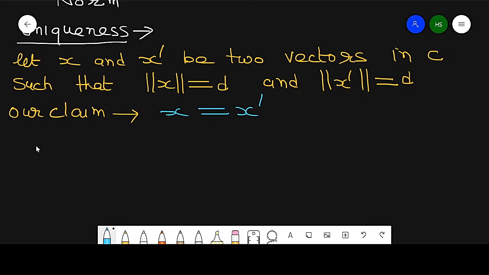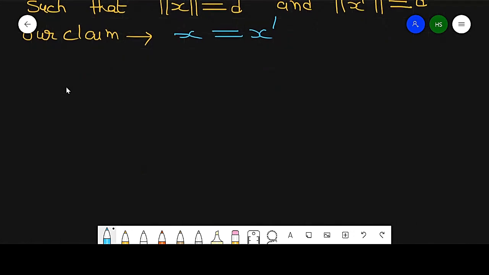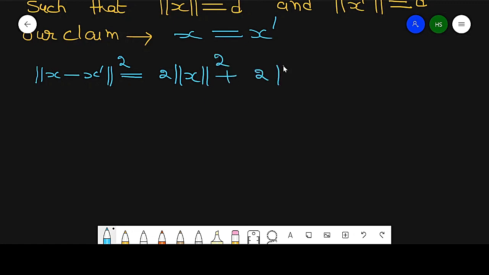Now again applying the parallelogram law, we get the norm of x minus x dash whole square, which is equal to 2 times norm x square plus 2 times norm x dash square minus the norm of x plus x dash whole square.